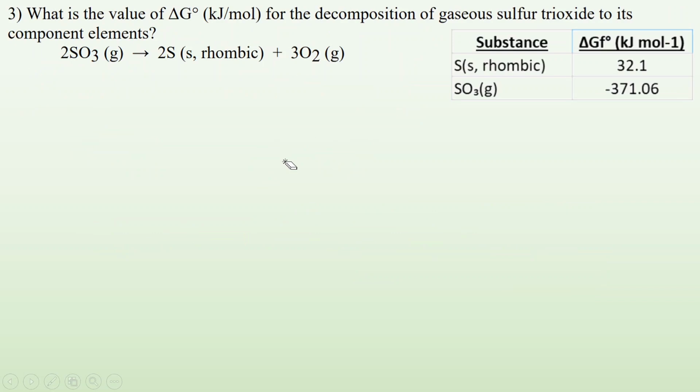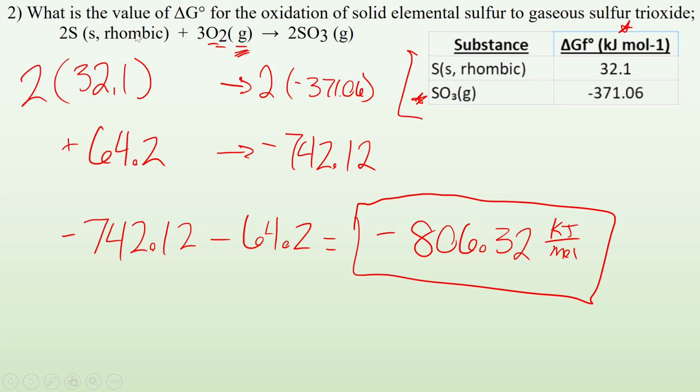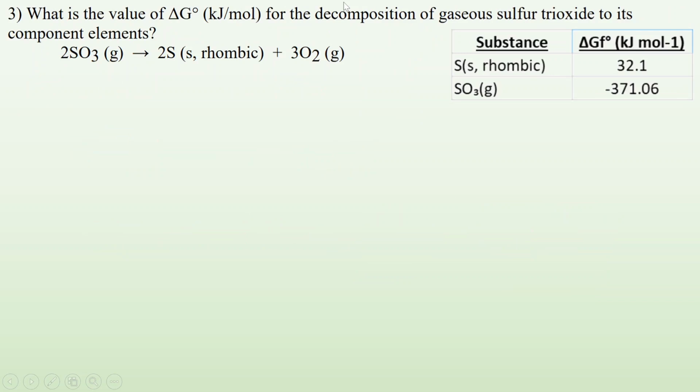Number 3, what is the value for the delta G naught in kilojoules per mole for the decomposition of gaseous sulfur trioxide to its component elements? So we have a pretty similar problem. Hey, wait a minute. This looks like the exact same thing, but flipped. Right, I start with 2 sulfur solid rhombic and 3 O2 gas, giving me 2 SO3, and then this one is the exact opposite.